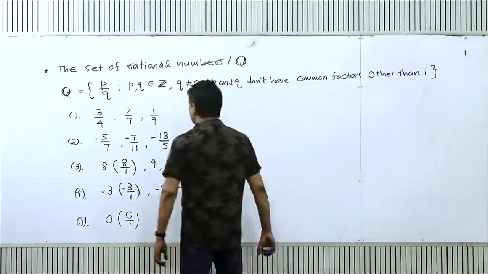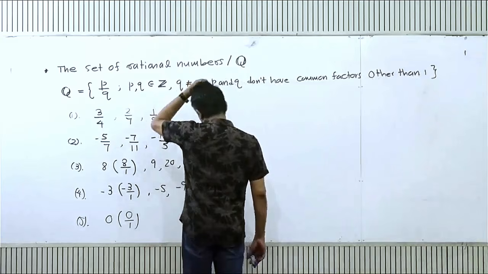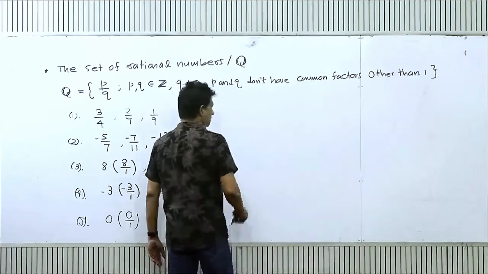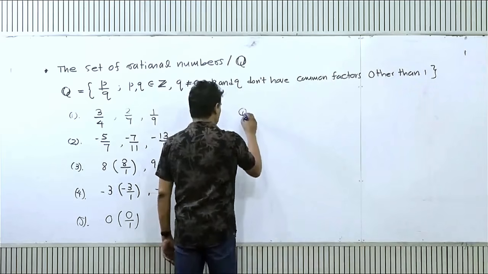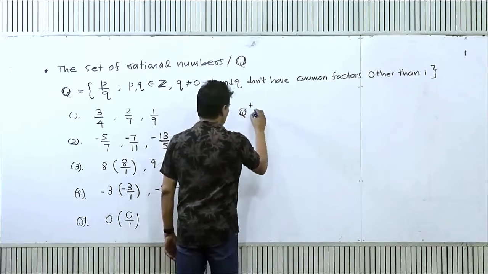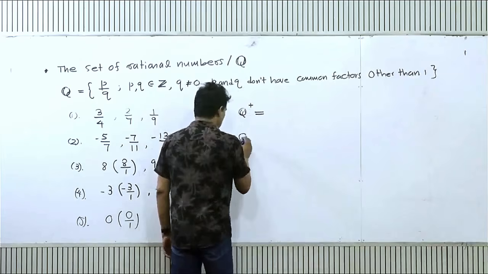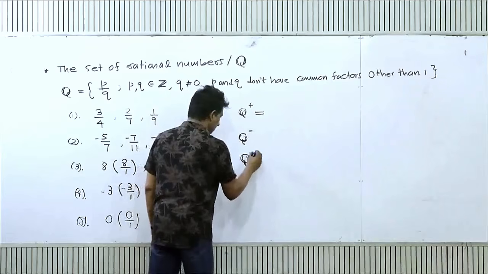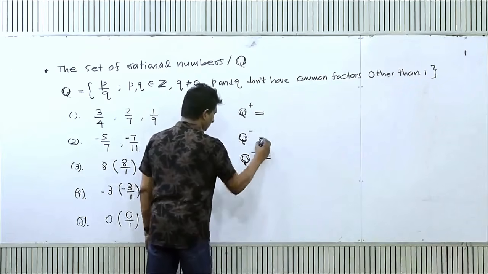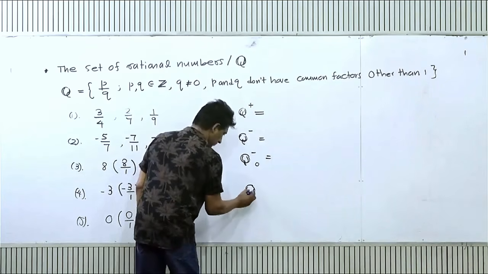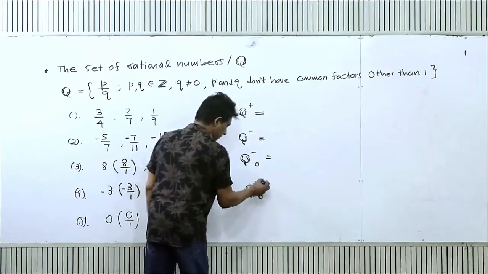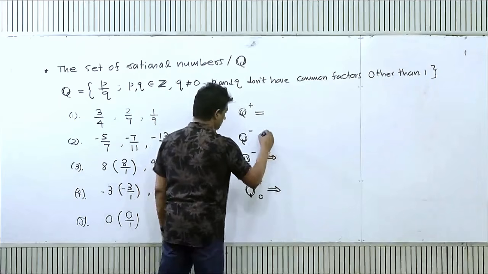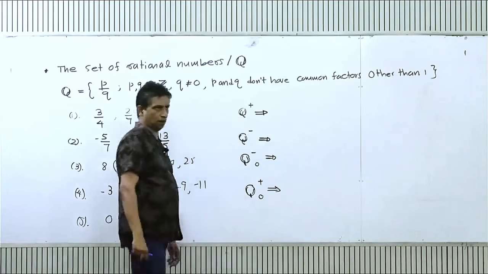Then, as we earlier learned in the integer set, there are also four subsets. First one, this one. Second one, this one. Third one, right.